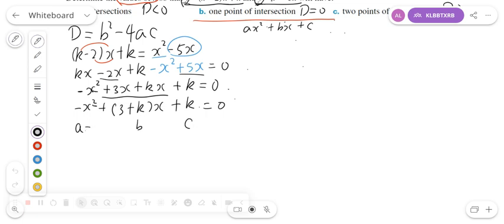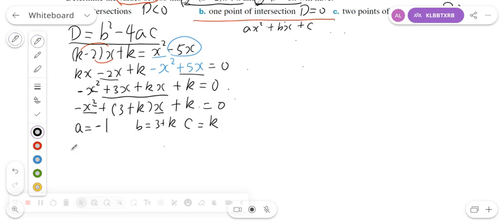So a equals the coefficient in front of my x squared, which is negative 1. b is the term in front of x, which is 3 plus k. And in my case, c is the letter k. We need to do this because we are going to apply the discriminant.